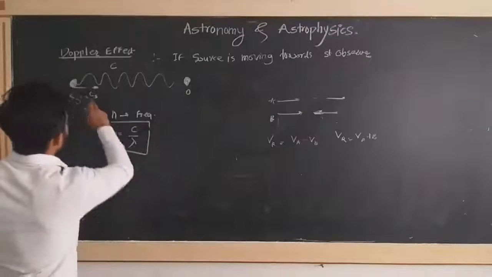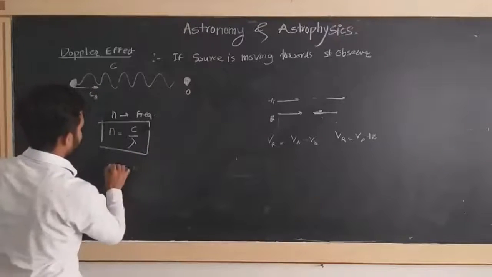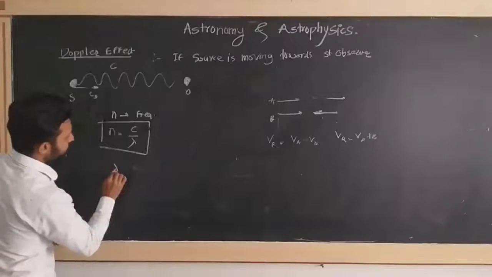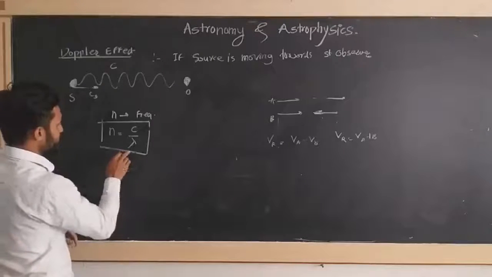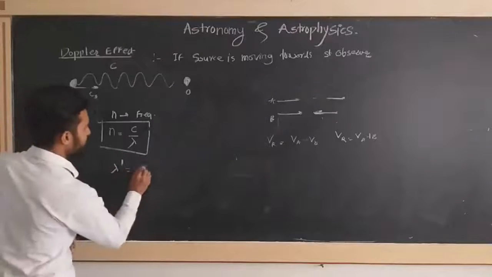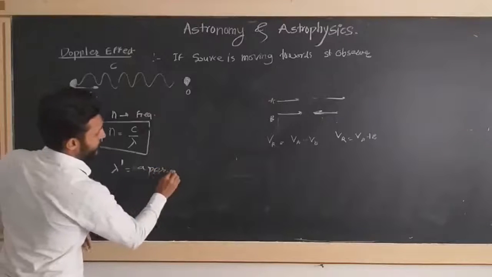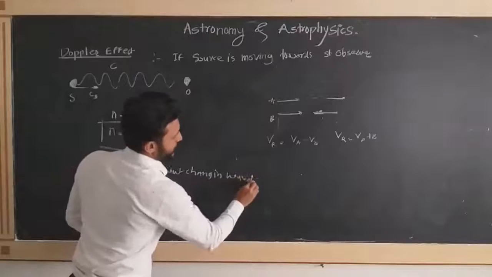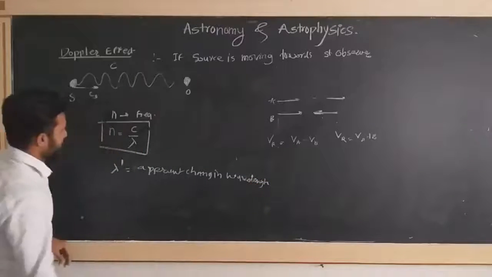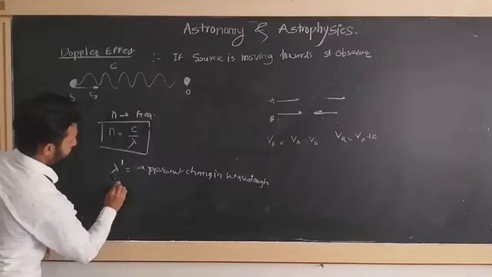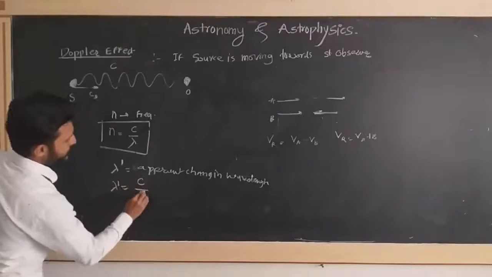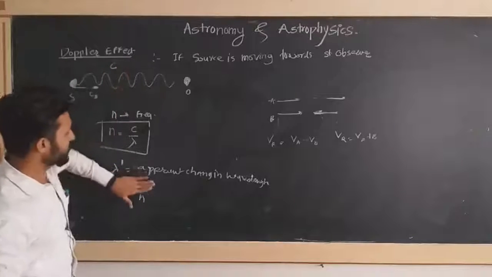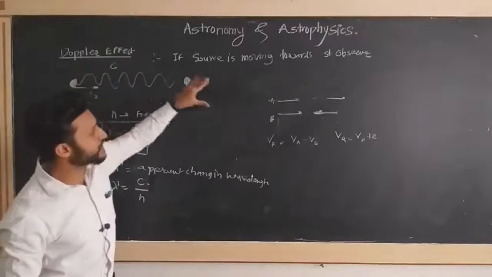So therefore their relative velocity is, I can write here, the apparent change in wavelength, lambda prime, which is equal to c by n, where c plus, no, not c plus, both are moving in the same direction.